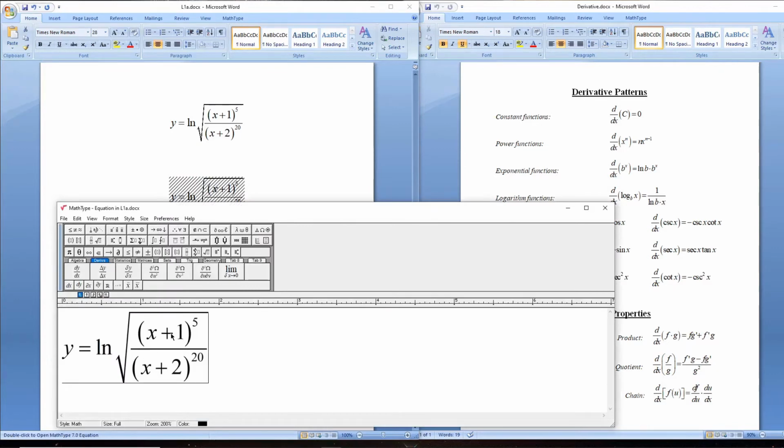So for instance, with this particular problem, we have the log of a square root. Remember, the square root means raised to a power of a half. So if I want to get rid of the square root, then I can replace that with a power of a half.